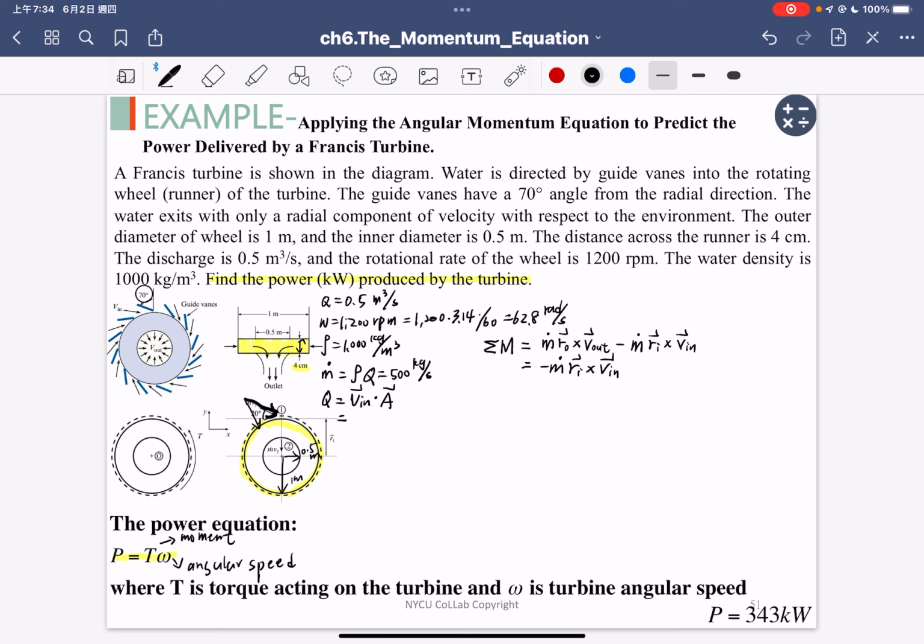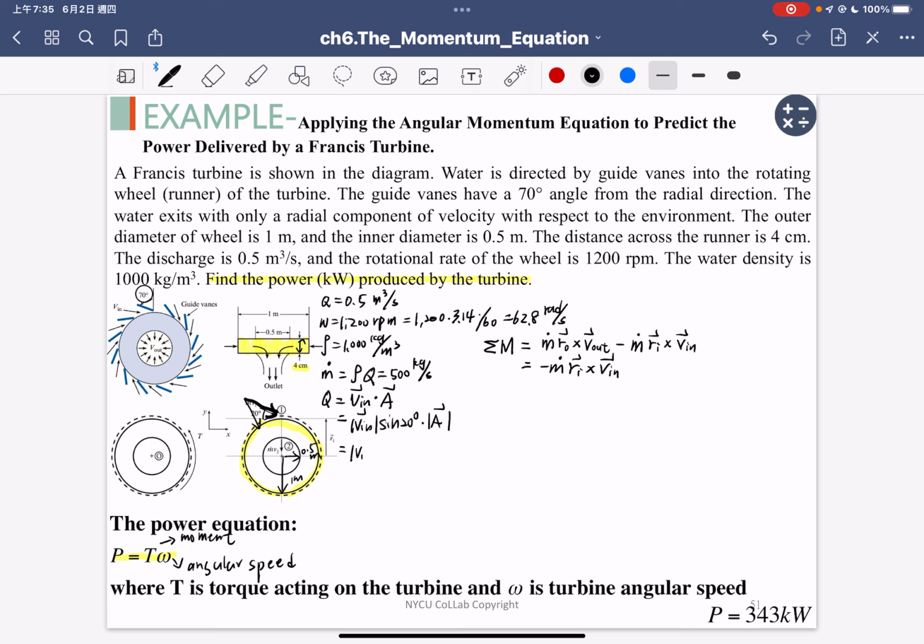So here we need to find the V in velocity magnitude, and we use sine 20 degree to project the velocity flow direction onto the cross-section area, multiplied by the cross-section area.